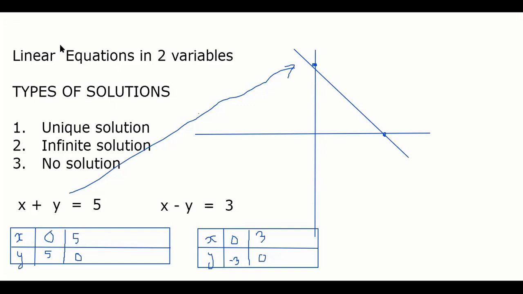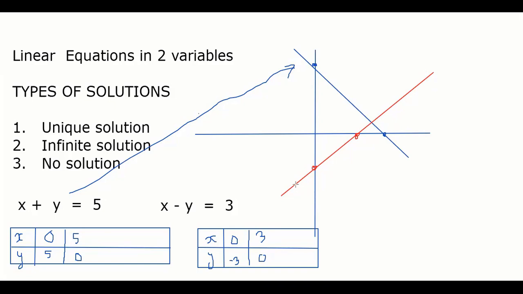So let me put a point in red: 0, minus 3, somewhere here. 3 and 0, somewhere here. So now I am drawing the equation. My second equation is this. So every linear equation, when you draw on a graph, will be a straight line.